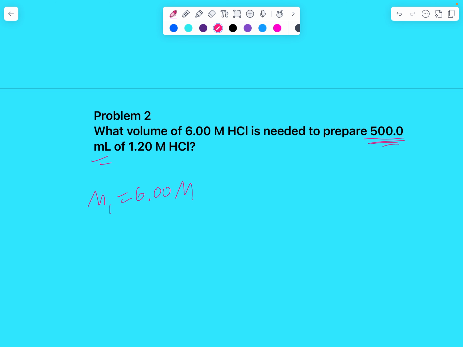So we all know milliliters is volume. And we know it's V₂ because we're trying to become this. So 500 milliliters. And I say what volume? Well, then automatically I know I'm looking for the original volume. I don't know what that is. And then I know my M₂ would have been 1.20 molarity.